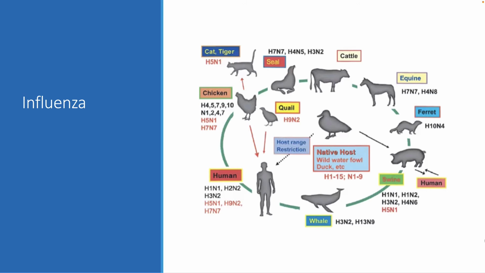We'll talk about this H and N classification system for influenza. But notice that they come from all sorts of vectors. We get cats and tigers, chickens, which is where a lot of ours originates, the avian world. We have human influenza viruses. Whales have influenza viruses. Wonder how that works.